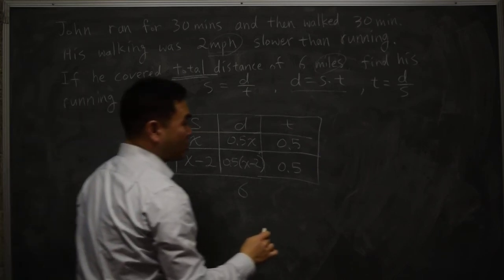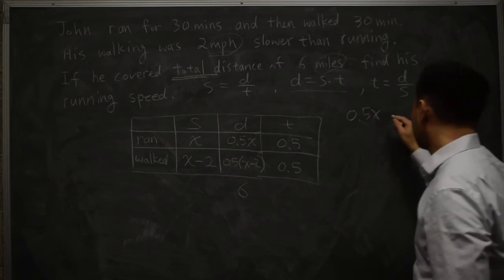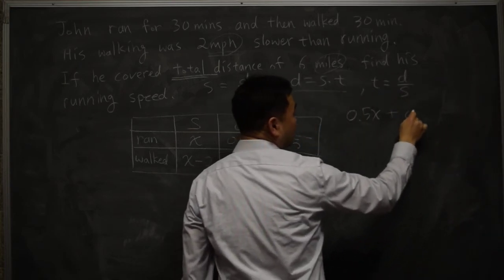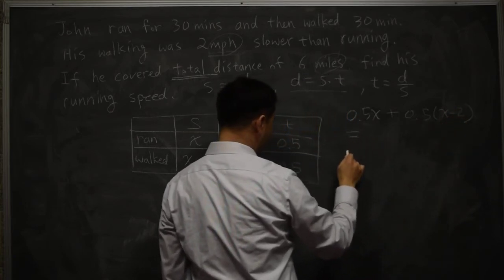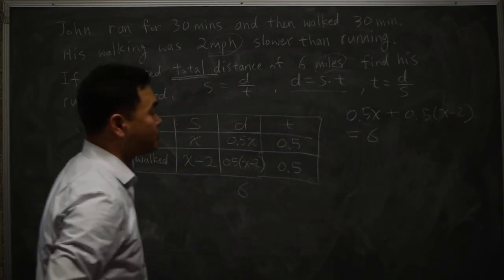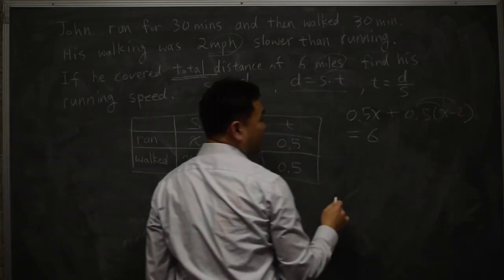So now you have an equation. You have that 0.5x plus 0.5 times x minus 2 should equal 6. Now we can simplify this. Simplify the left side.